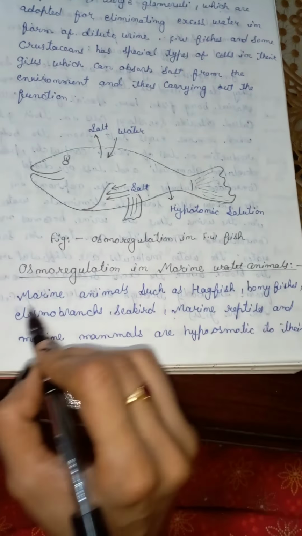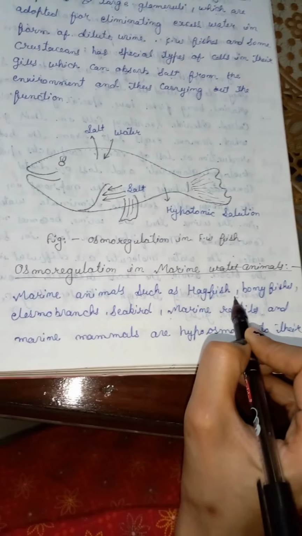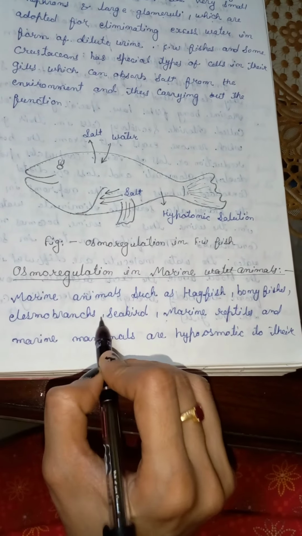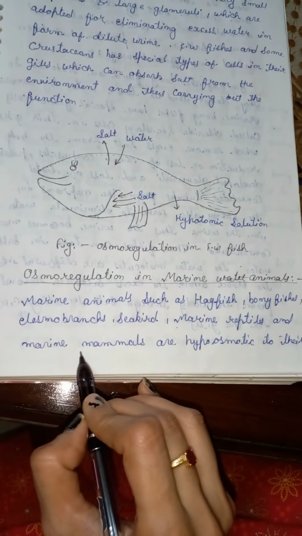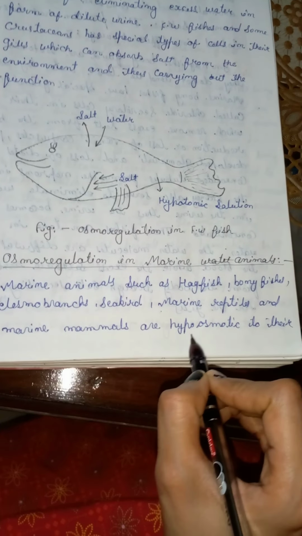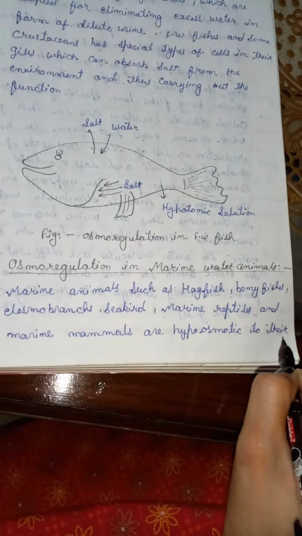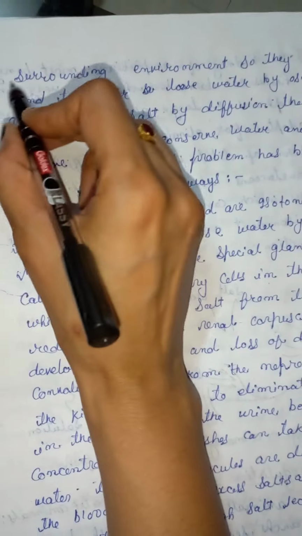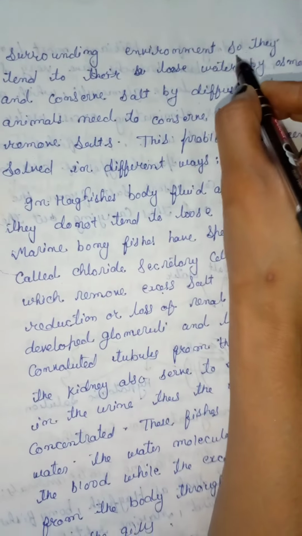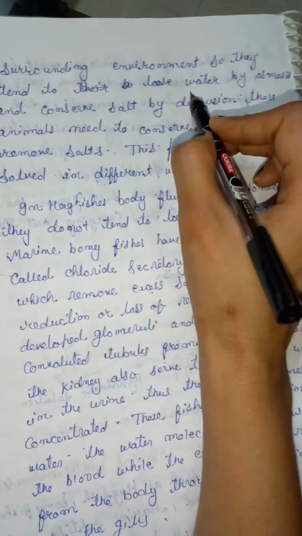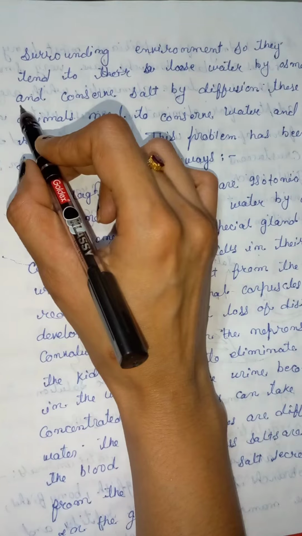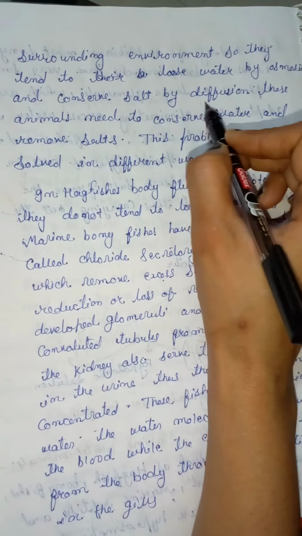Osmoregulation in marine animals. Marine animals such as hagfish, bony fishes, elasmobranchs, seabirds, marine reptiles, and marine mammals are hyposmotic to their surrounding environments, so they tend to lose water by osmosis and conserve salt by diffusion.